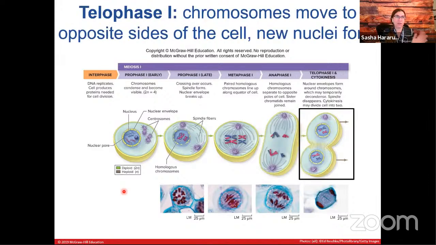And telophase is kind of the reverse of prophase. During telophase 1, the nuclear envelope forms, and eventually the cell enters cytokinesis, where this protein ring forms, and this protein ring contracts and separates the cell, forming two cells from one cell.